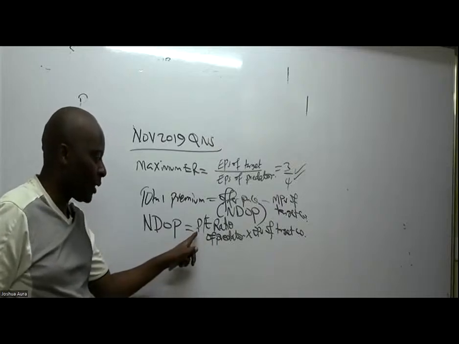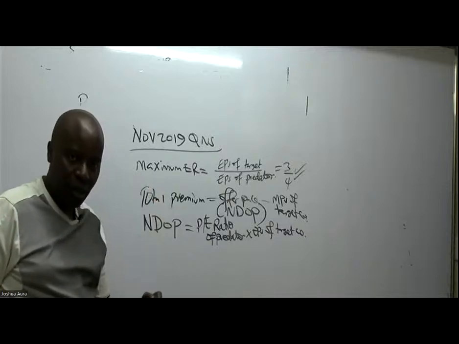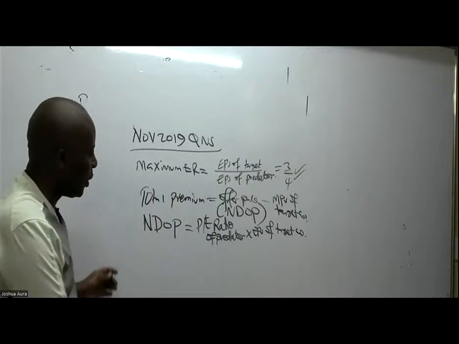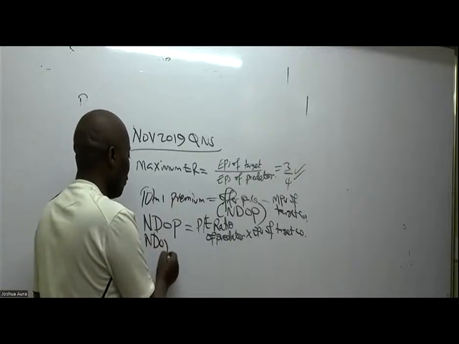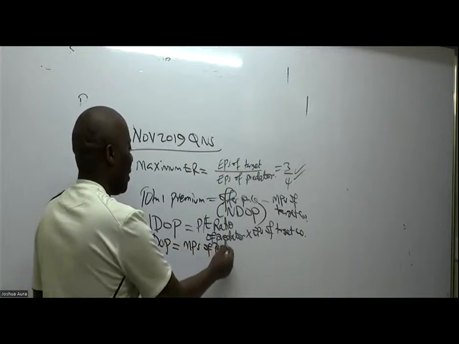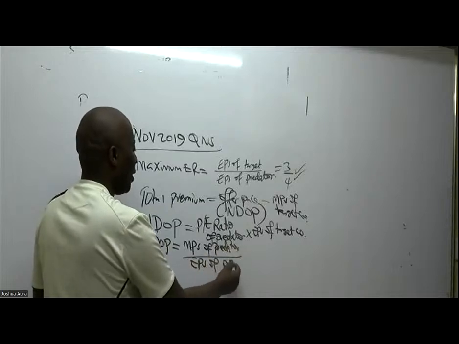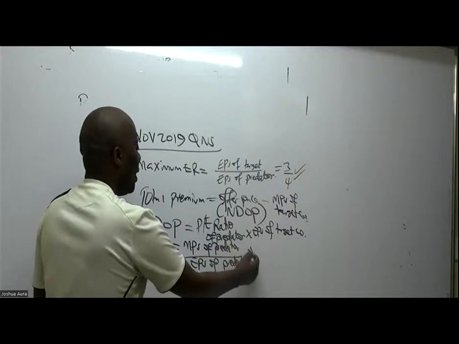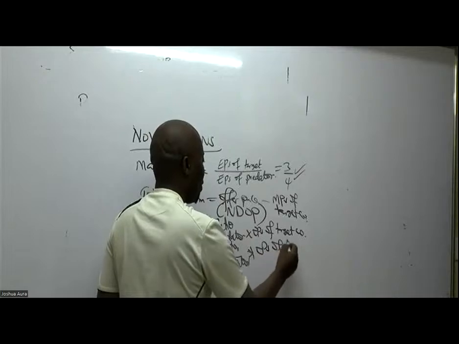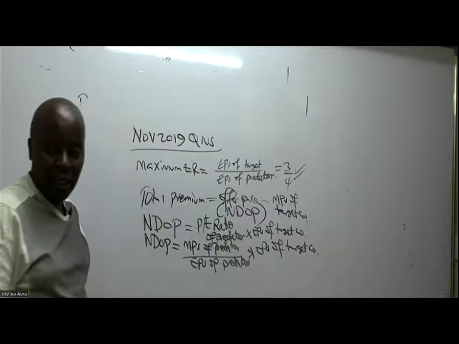PE ratio is the same as MPS over EPS, P over E, price over earnings. So in this case, to get the DOP, we are taking MPS of predator all over EPS of predator, times EPS of the targeted company.